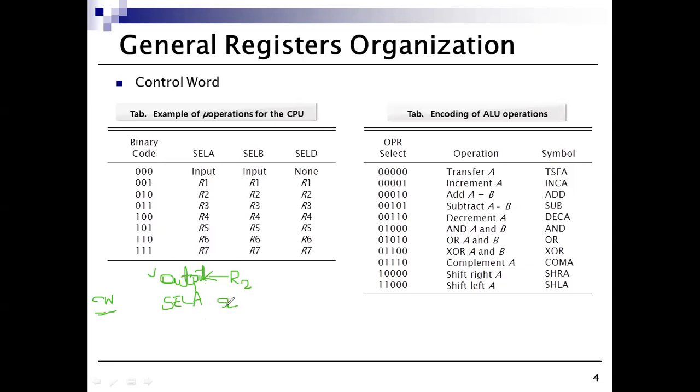You require SELA, SELB, SELD, and OPR. What are the control inputs for SELA? 0, 1, 0. Because the R2 contents we are transferring onto the destination, which is output.